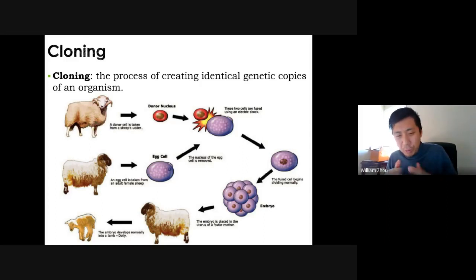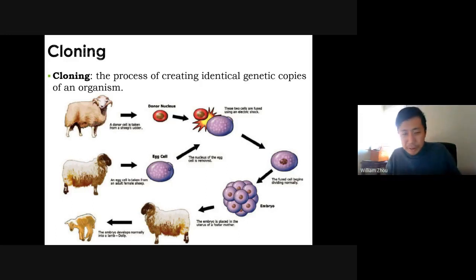So whatever is born is going to grow up to be exactly identical to that donor, hence a clone. Okay, we have successfully cloned a lamb, named her Dolly, died prematurely, but we did it anyway.